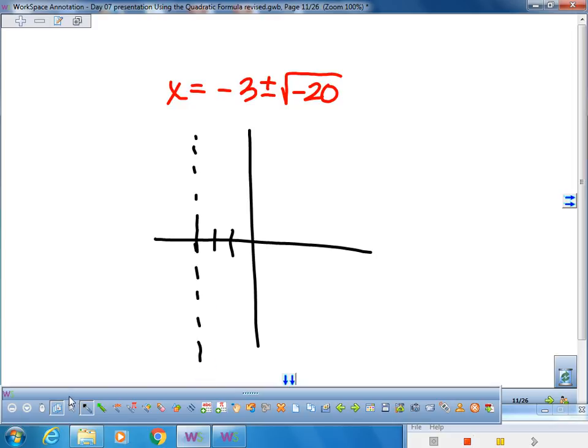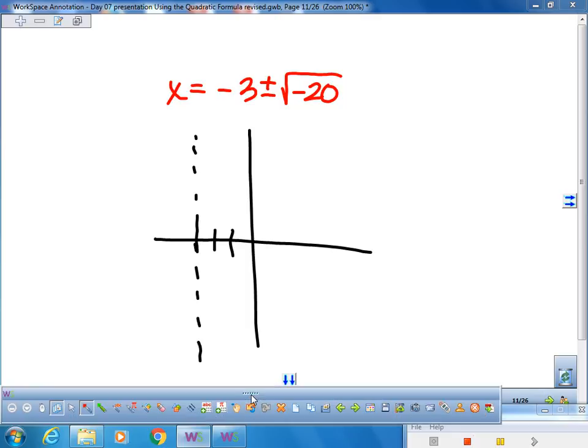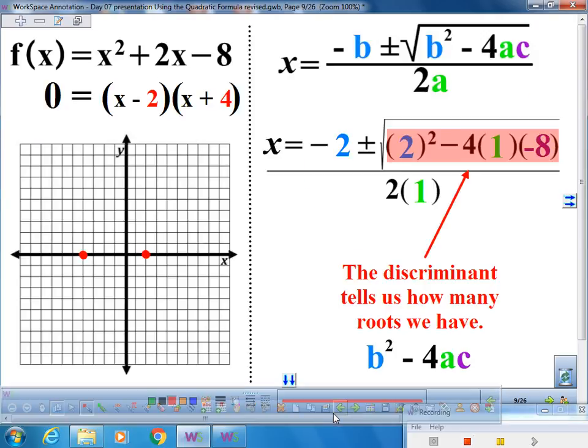But guess what? I'm not going to have any roots. I'm going to have imaginary roots. It means that my parabola is never going to touch the x-axis. Okay? So all of that comes from this part of this formula.